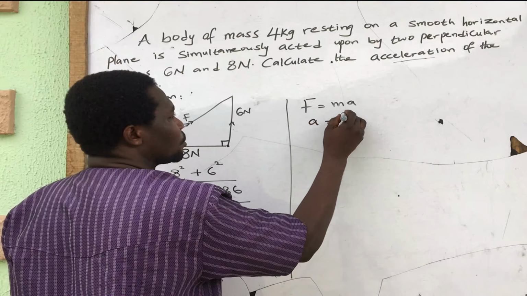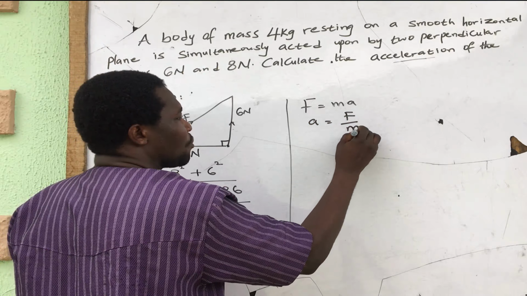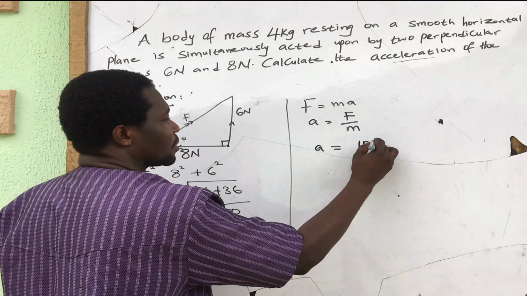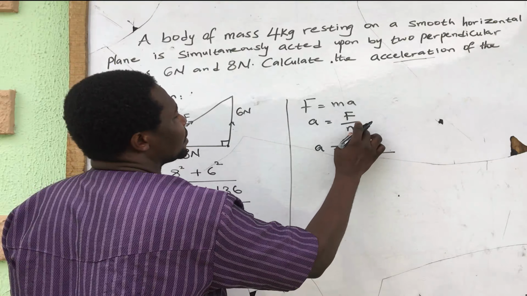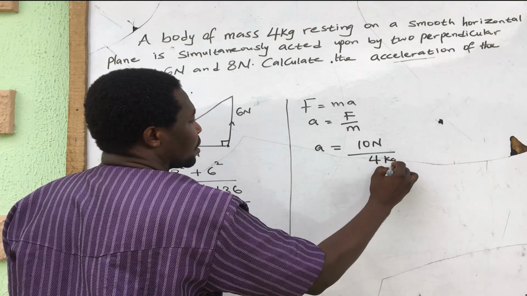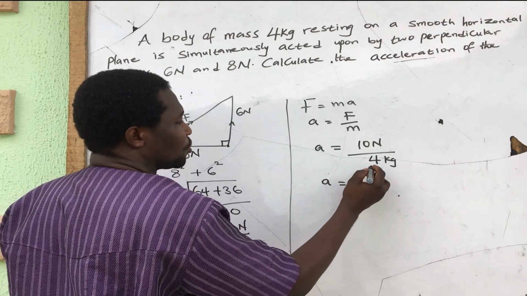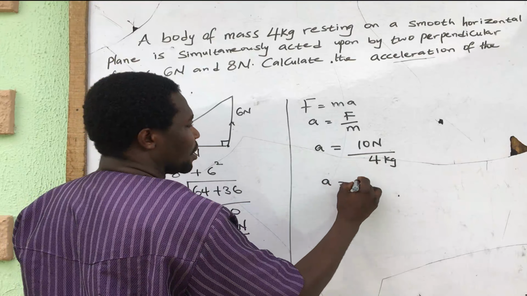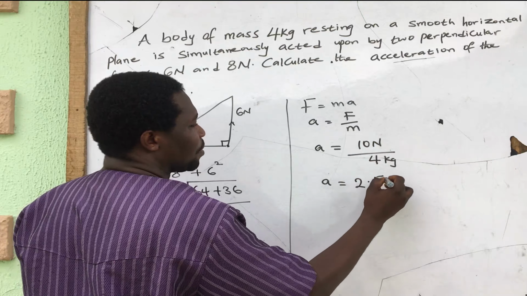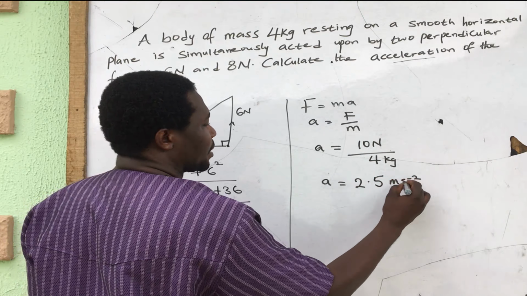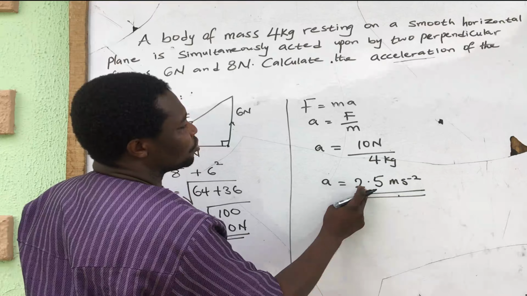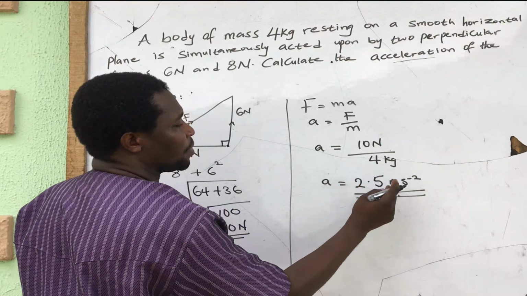Therefore our a equals force over mass. Let's substitute the values. This is 10 Newton over the mass, which you have been given as 4 kilogram. And this now equals, if you cut this, that is 2.5 meter per second square. So 4 goes in 10, 2 times, remember 2 in 25, that's 2.5.